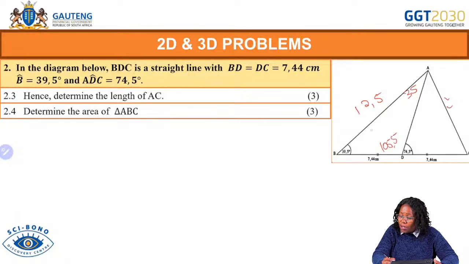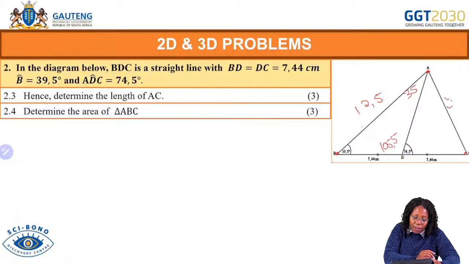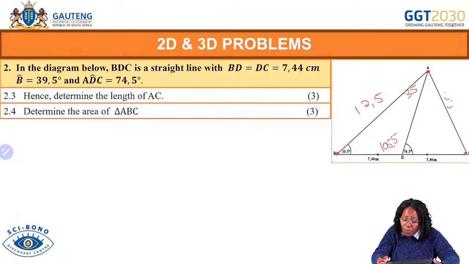In order to find AC, grade 12, you see that you have AC in this triangle ABC, the bigger triangle, right? AC is opposite 39.5. I hope you see that. This is opposite in the bigger triangle. We are referring to this triangle ABC here.